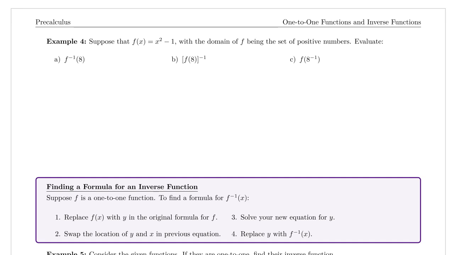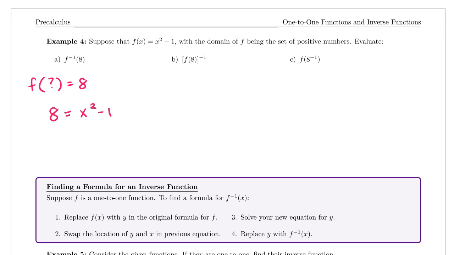In part A, we want to find f inverse of 8. In other words, in our regular function, we're essentially asking f of what value gives us 8. One way that we could figure that out is to set our output value equal to 8 in our formula and solve for the x value.